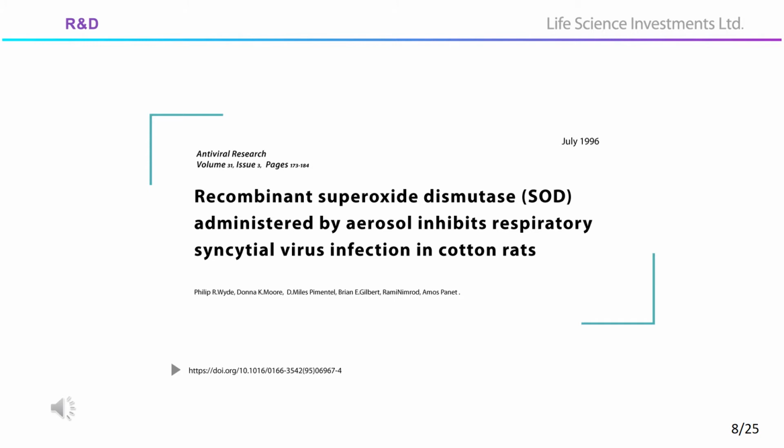Here it was demonstrated that superoxide dismutase administered by aerosol was able to inhibit respiratory syncytial virus infection in rats. Not in humans, but in rats.